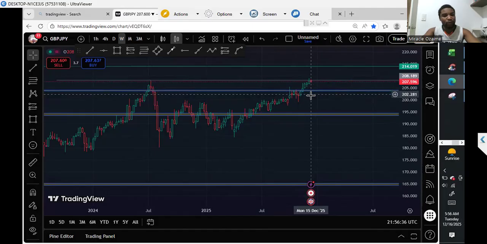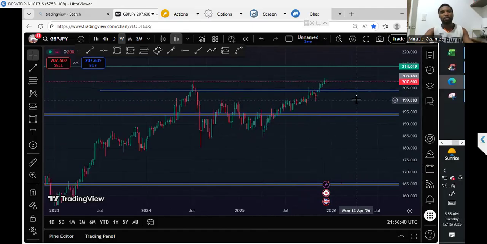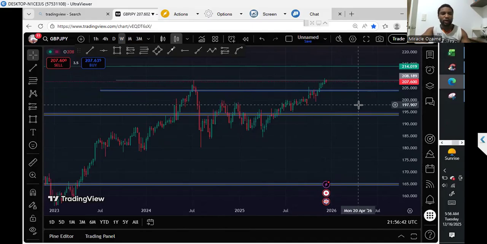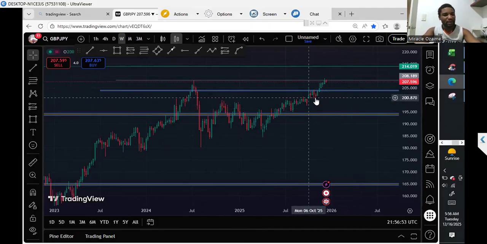That's my concern, a weekly correction. I'll make a video about corrections on the weekly time frame. The corrections on the weekly time frame are different from the corrections on the daily time frame. So I am kind of expecting a weekly time frame correction around this area.